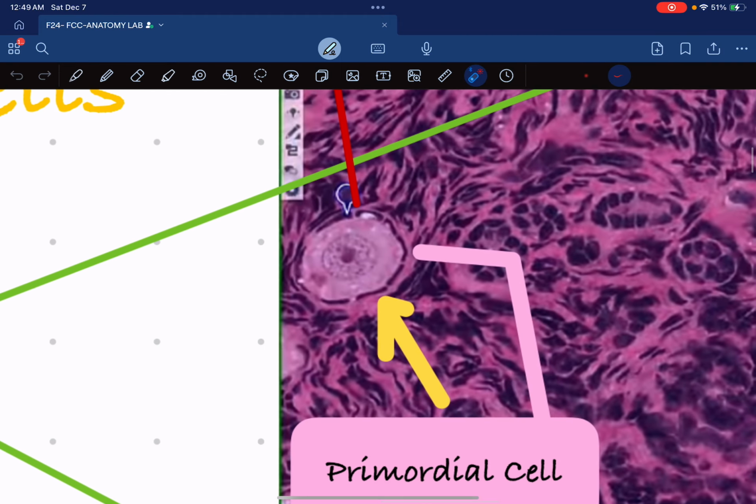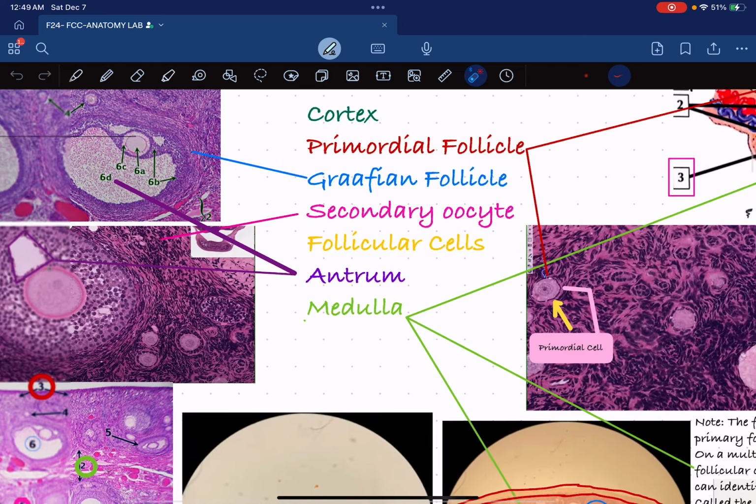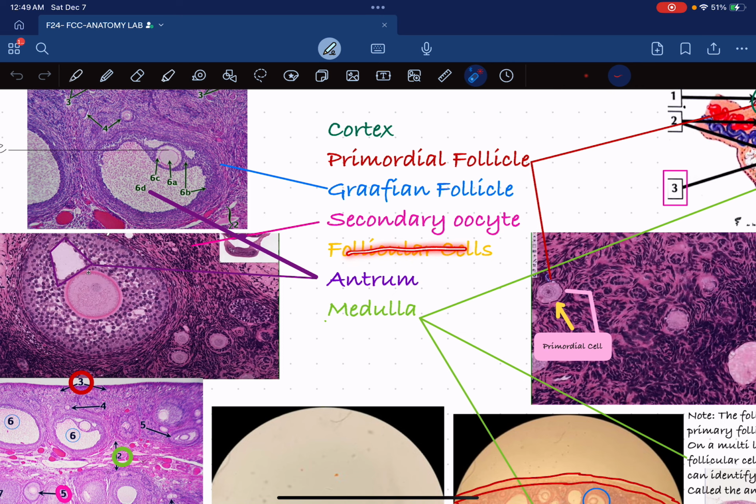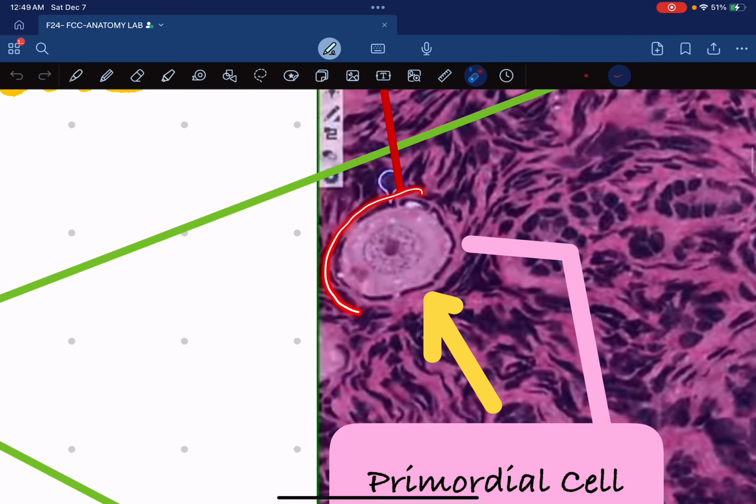The primordial follicle has a cytoplasm, a nucleus, and a nucleolus. It also has a single layer of follicular cells, and we can identify that right here.